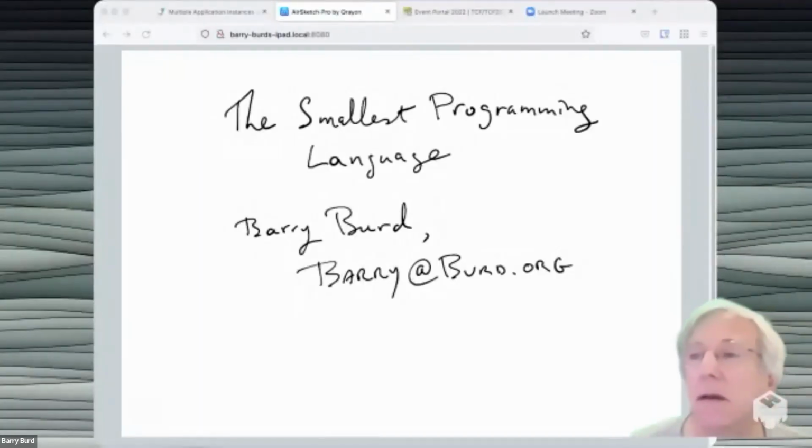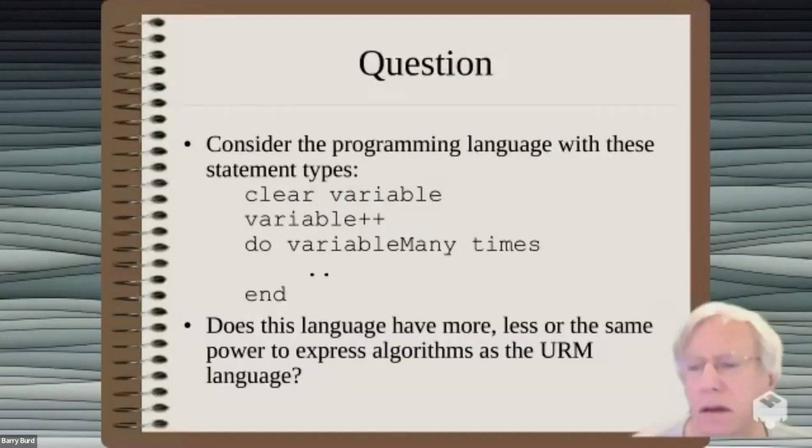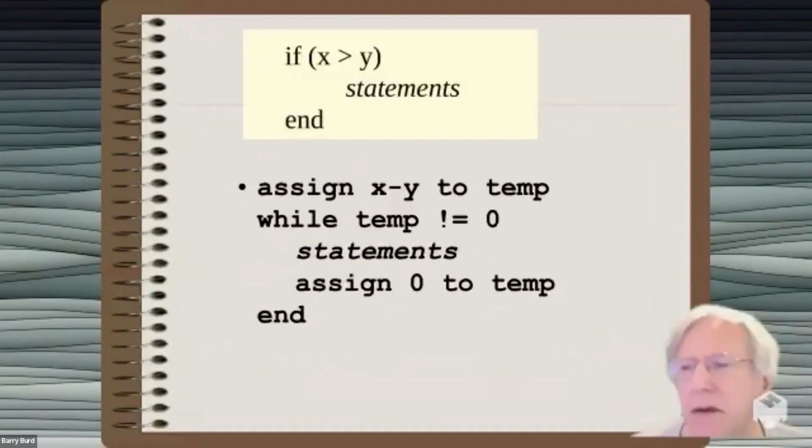I have a question about where you did the example if X is greater than Y, and you subtracted them to see if it went to 0. Let me find it. There it is. Would you still have a way of doing if X was greater than Y, if the subtraction operation in the language was a true subtraction that could go below 0 instead of a minus?